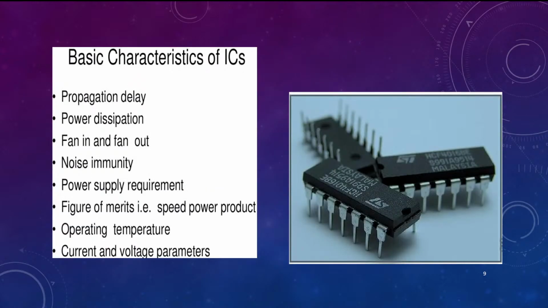Now let's look at the basic characteristics of ICs. First one is propagation delay, then we have power dissipation. Power dissipation is the wastage of power across the circuit components and devices during operation, right?